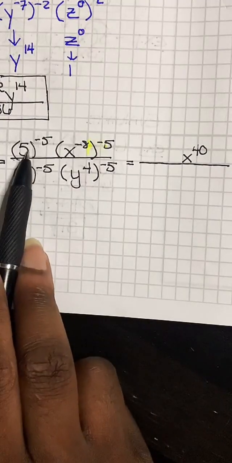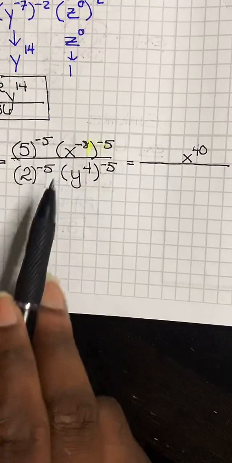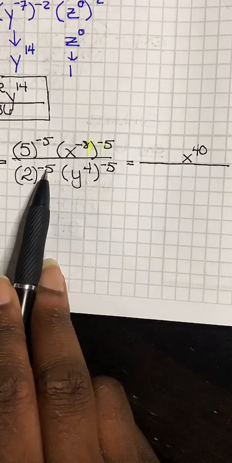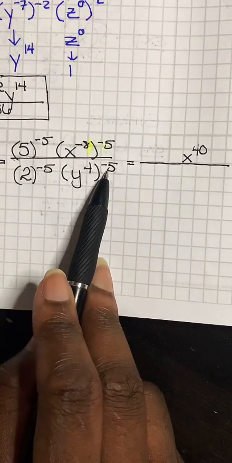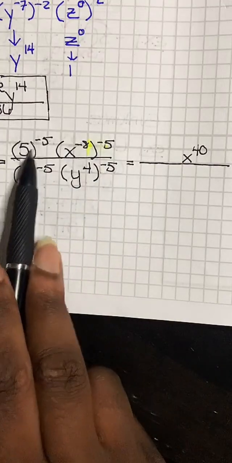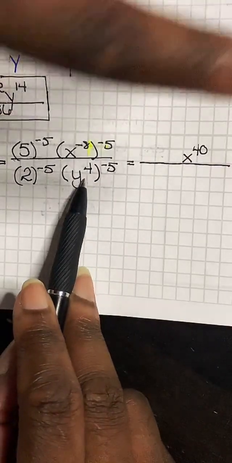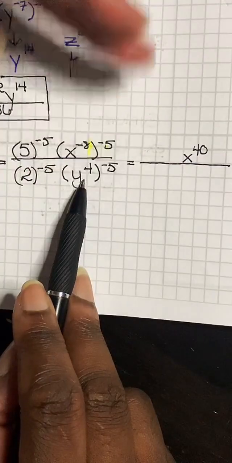But the 5 has a negative exponent, the 2 has a negative exponent, and the y to the -4 has a negative exponent. So where they originally are, we need to flip them.